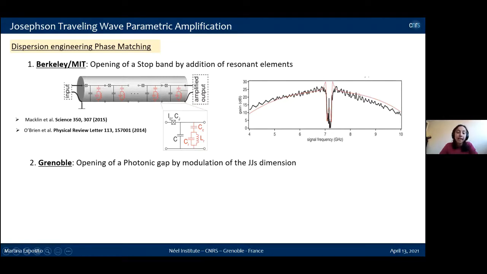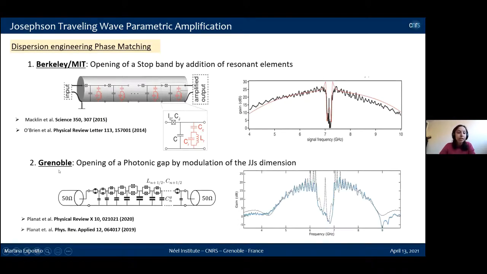And this is the gain that is obtained in this device. In this other example, the dispersion engineering is based on the opening of a photonic gap in the dispersion relation by modulating the size of the Josephson junction, so the dimension of the Josephson junctions in the transmission line.